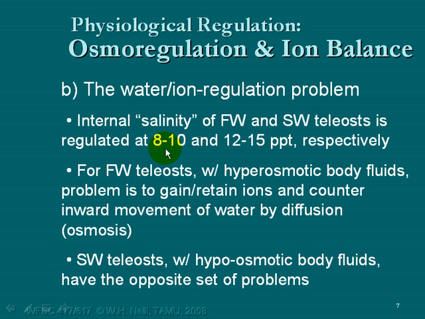So those are the levels of salinity that evolution has designed these forms to operate at most efficiently and optimally. And that makes for a problem because the freshwater habitat is less salty and more watery than the blood of freshwater fishes. And the marine habitat is a lot more salty and less watery than the blood of marine teleosts.